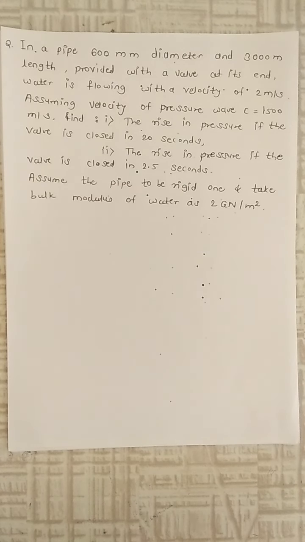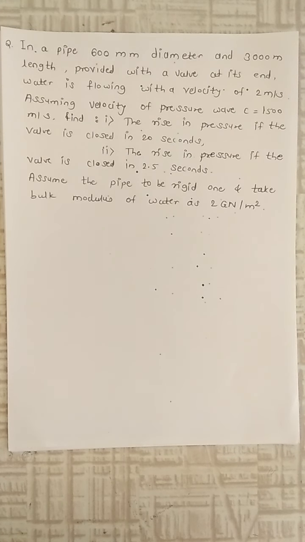3000 meter length provided with a valve at its end, water is flowing with a velocity of 2 meter per second. Assuming velocity of a pressure wave c is equal to 1500 meter per second, find first one, the rise in pressure if the valve is closed in 20 seconds.